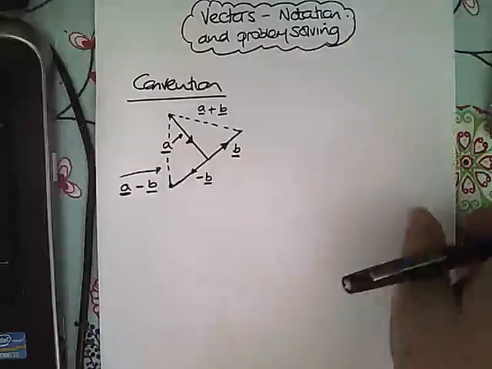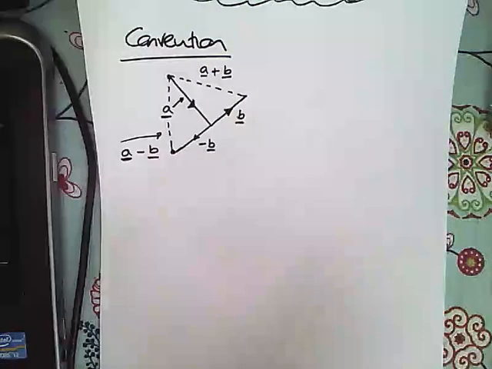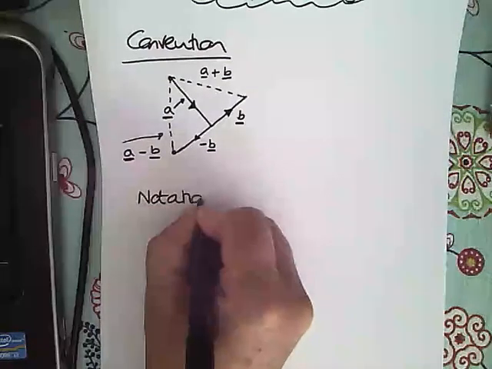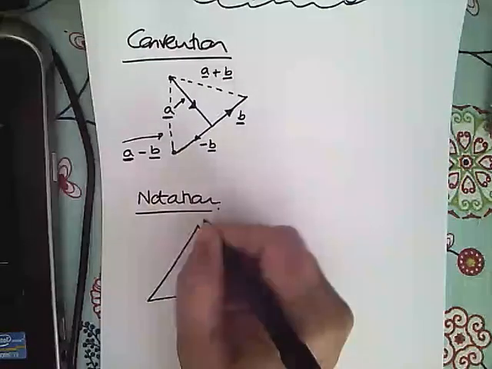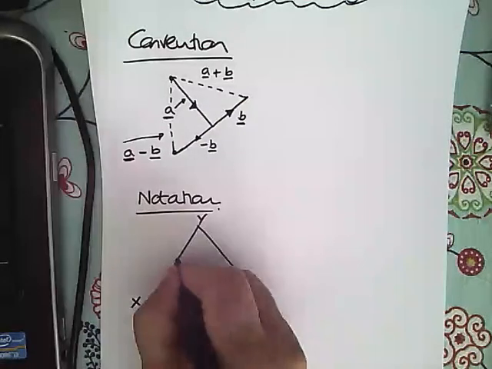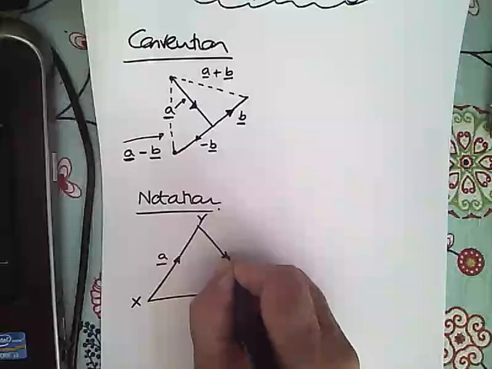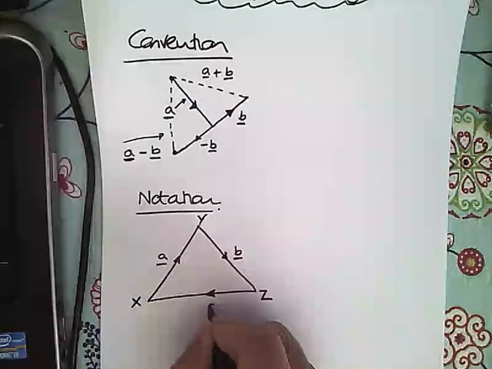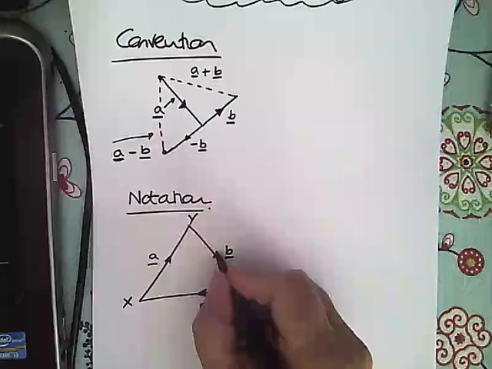The other sort of notation we have is if we've got points labelled so that we have lines like in a triangle, for example. So this is notation. If I had this triangle here, X, Y, and Z, calling this vector A, this vector B, and this vector C. The direction is incredibly important when we're looking at these, so we need to make sure that we know which way our arrows are going.